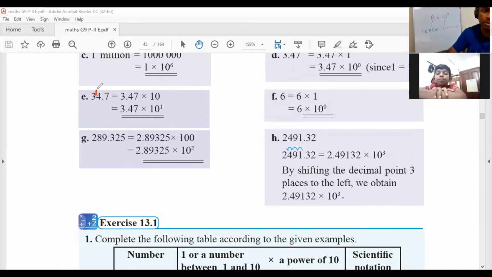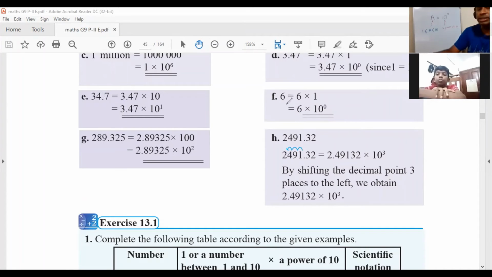From this, you have to move the decimal point one place to the right. That means this should be multiplied by 10 in order to get 34.7. 3.47 should be multiplied by 10. 10 is 10 to the power 1.